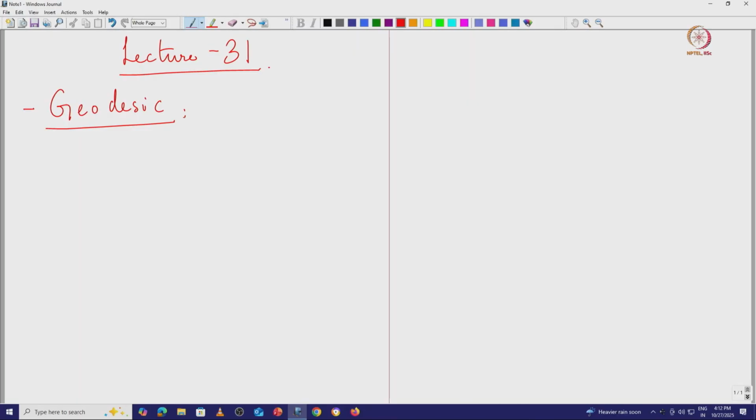Right, so let me motivate this by way of an example. So let us say I have a surface embedded inside R3, and let us say I have 2 points P and Q, and I want to find the shortest path from P to Q, right.